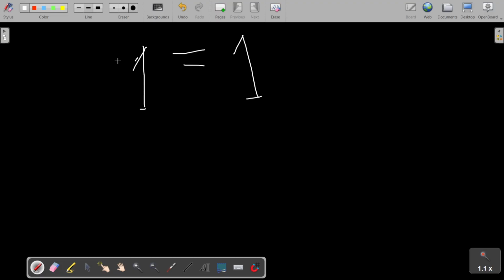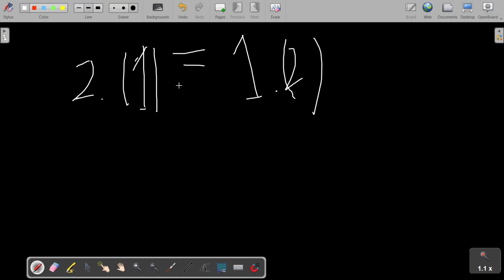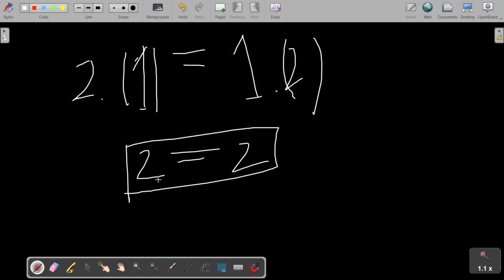Let's say I'm multiplying this side with 2. Then I must multiply this side also, to sustain this equality. So 2 is equal to 2 also is true.